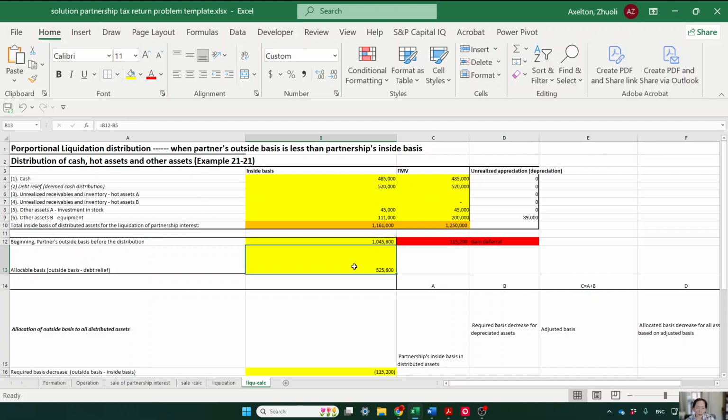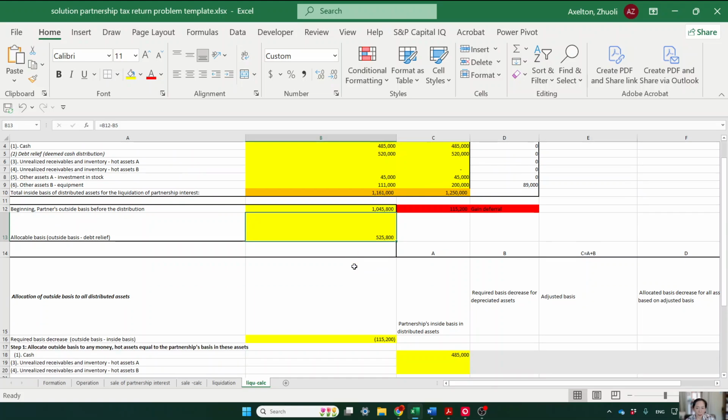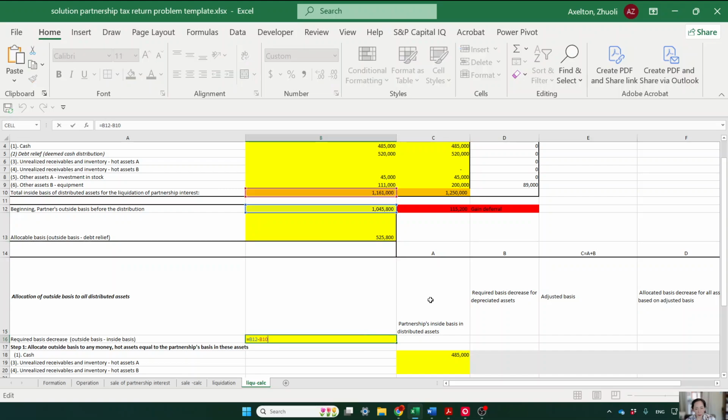Once we start with the right template, we know in this case the allocable basis is 525,800, and there's a required basis difference between the two, because what we're trying to do is compare the outside basis and inside basis and reduce the inside basis to the outside basis.